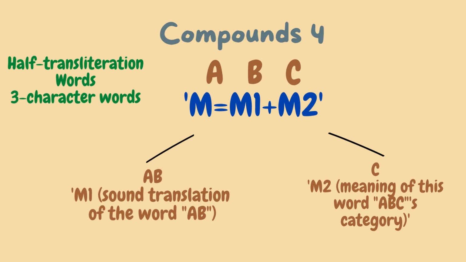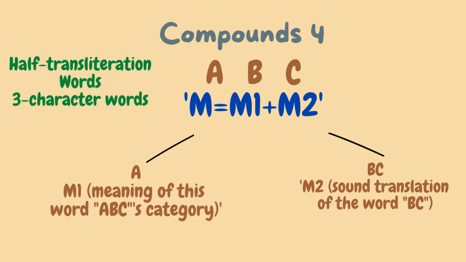The constituent characters A, B in a 3-character half-transliteration word may show the sound translation of the word composed by the first 2 characters A, B, and the 3rd character C stands for the category of the entire word.